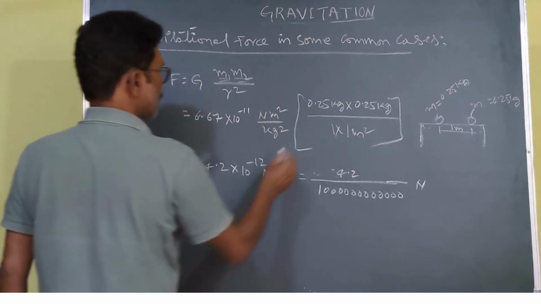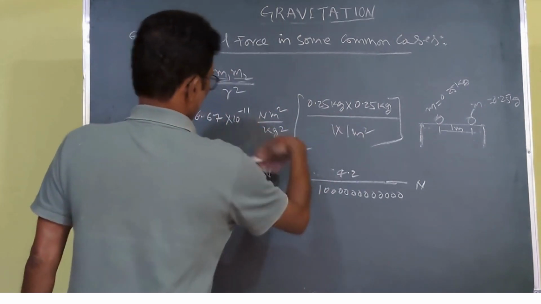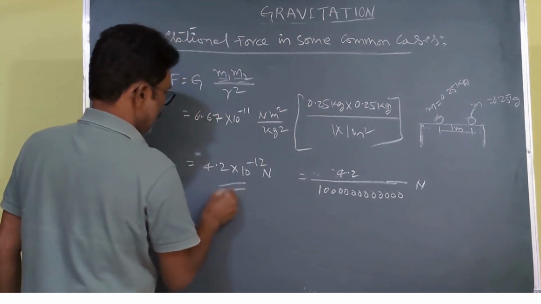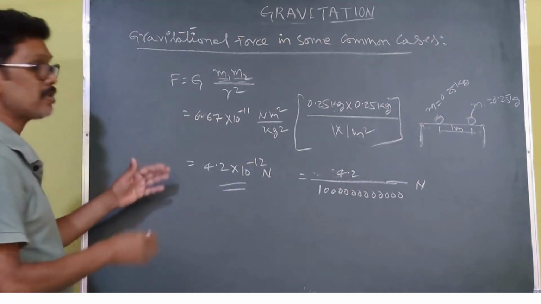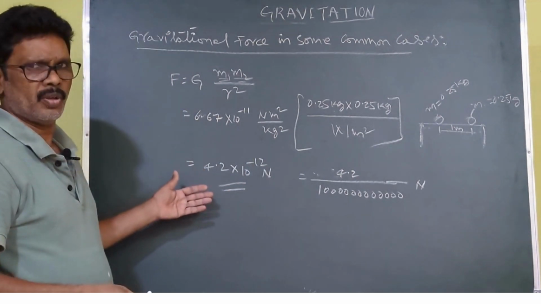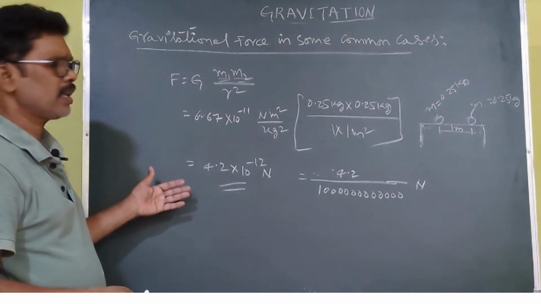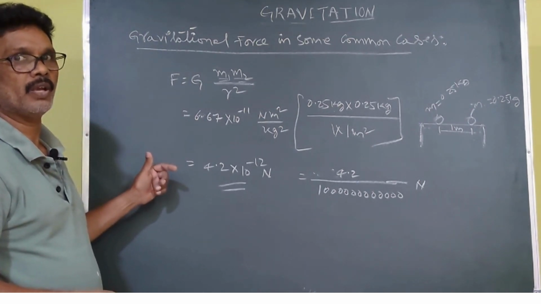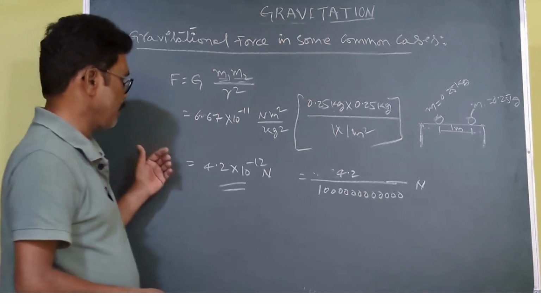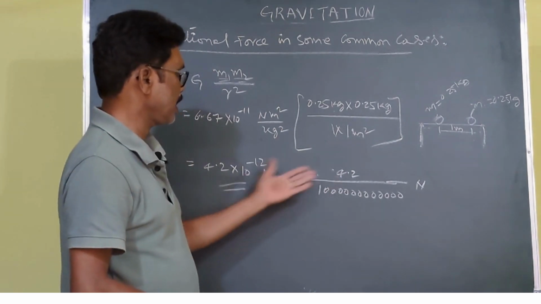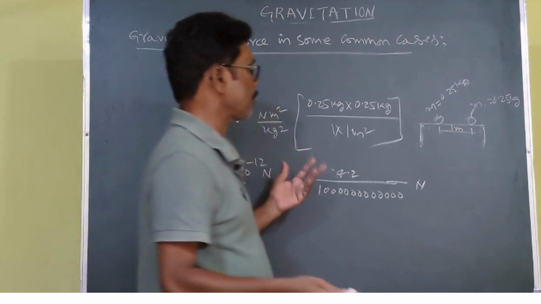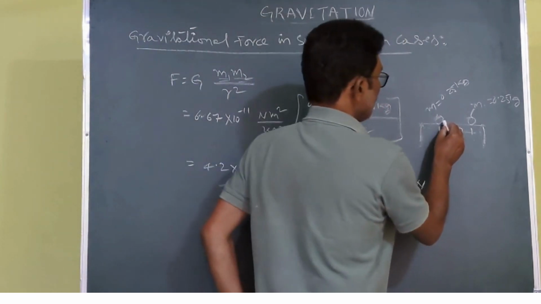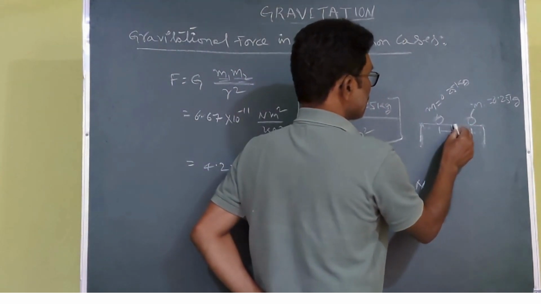If you simplify these numerical values, you get 4.2 times 10 to the power of minus 12 newtons. You can imagine, a very small force, very insignificant, is established between the two particles.